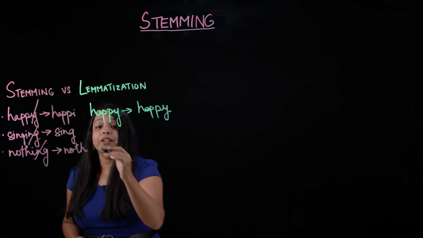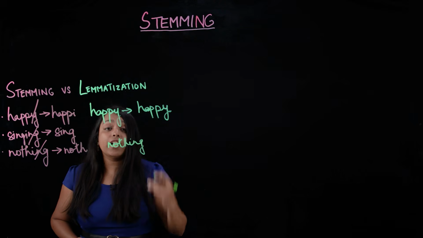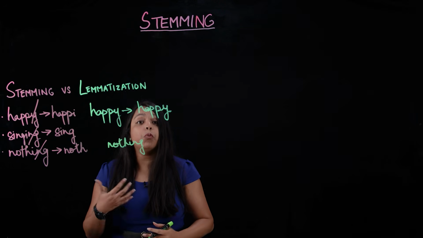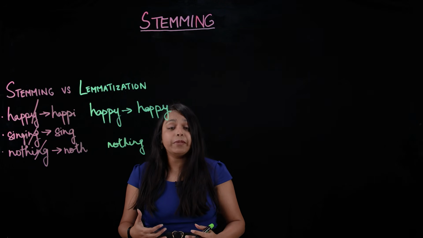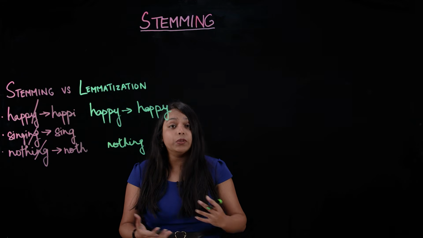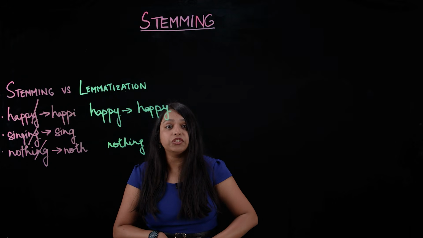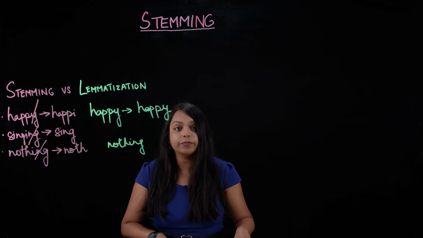Lemmatization, on the other hand, would actually give you nothing. But the caveat here is that it requires more context. It requires information like part of speech, the context of the word, how it's being used, and it uses all of that with relation to something called WordNet.